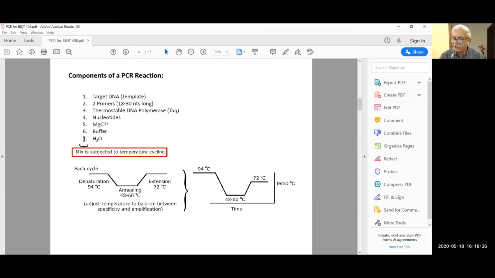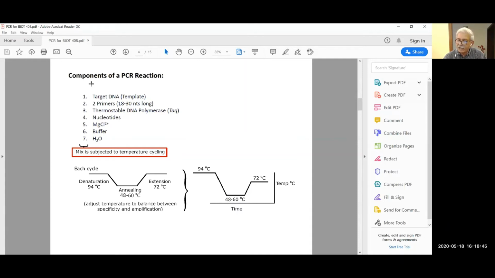So after you have written down all these, make a habit that whenever you add, for example, target DNA in a test tube, in a PCR tube, okay? So make a tick over there.